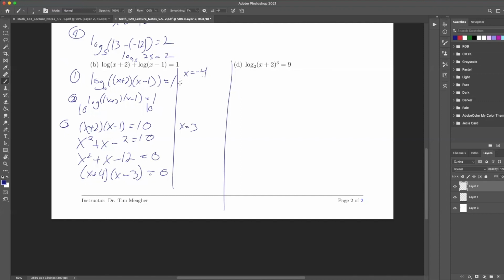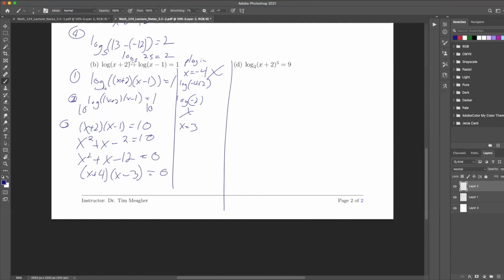So we have log of minus 4 plus 2. But notice the second we start plugging this in, here I'll have log of minus 2. This cannot happen, right? We can't have negative logs. No negative logs are allowed. So this is not an answer.